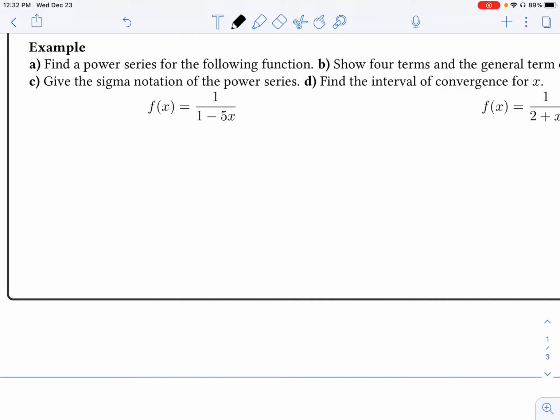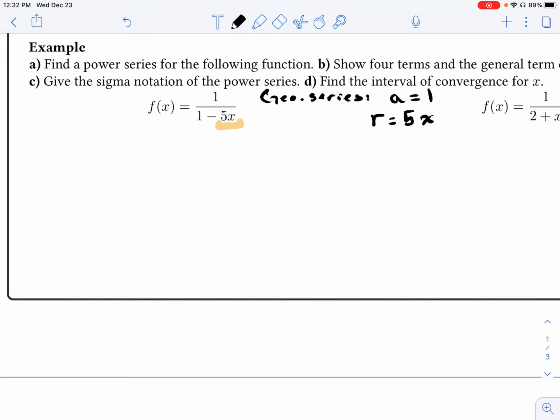So we can say that for this geometric series, our first term, a, is equal to 1, and our common ratio, r, is this value here. So r is equal to 5x.